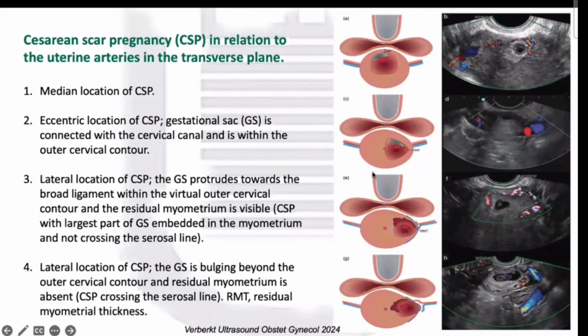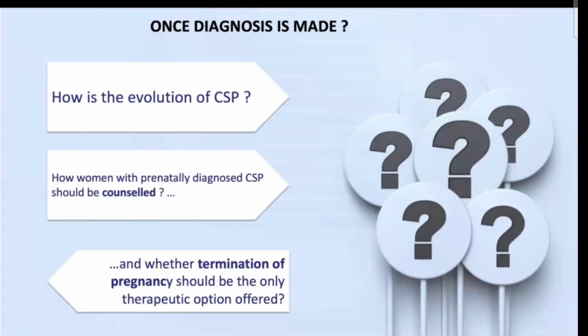And also it is important, especially for the surgeons who have to treat this early pregnancy, to consider the position regarding the cervical or the uterine arteries, because it is very lateral, very near to the uterine arteries. It can also invade partially the parametrium and also the uterine arteries, and these are obviously pregnancies that are at very high risk for bleeding and for maternal morbidity.